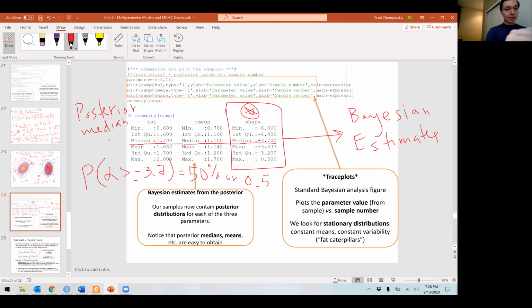Also, by the same token, the probability that alpha is less than negative 3.7 is 50%. And the interpretation of the median as the typical value: we're saying this data is fairly left skewed. We have a lot of evidence that these data are left skewed. In fact, and I'm just showing you how you would interpret a posterior distribution, notice what the 75th percentile is.